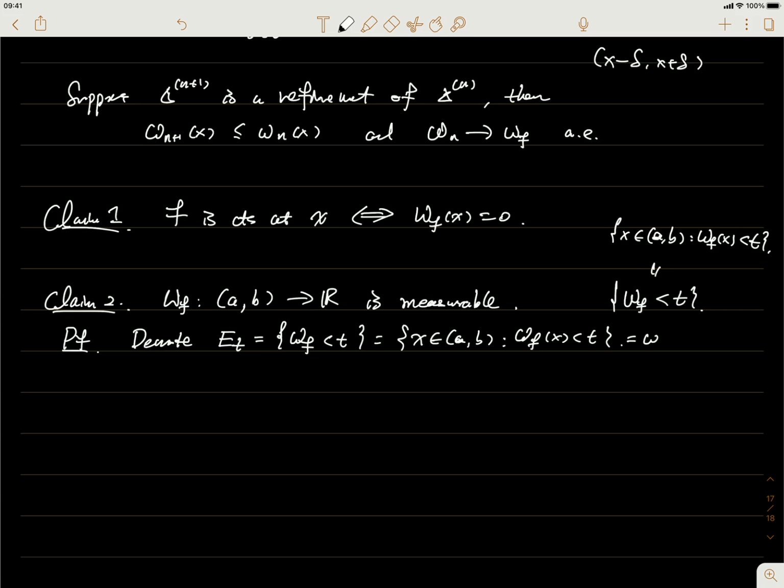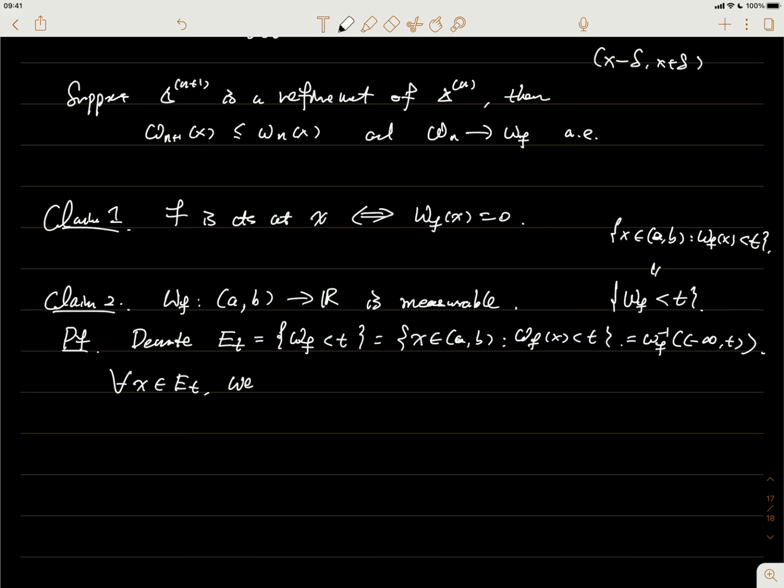Or we can also write it as the pre-image, or inverse image, of this. Either way, now I want to show that E_t is an open set for every t. To show that it's an open set, I need to show that every point is an interior point of E_t.